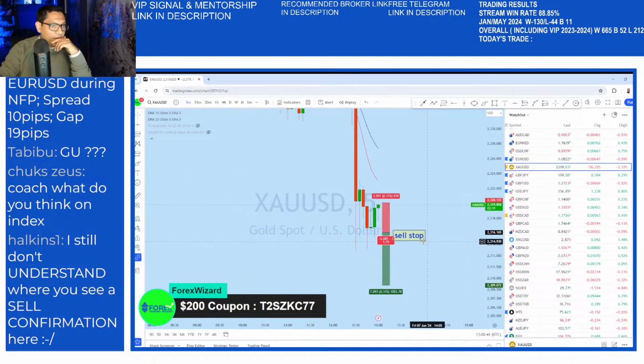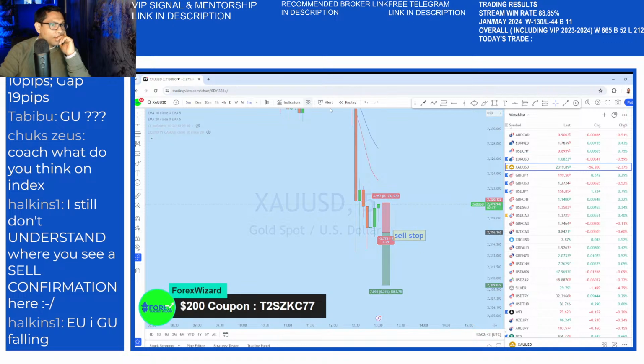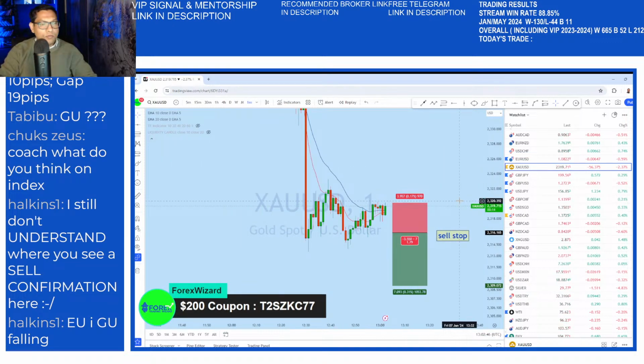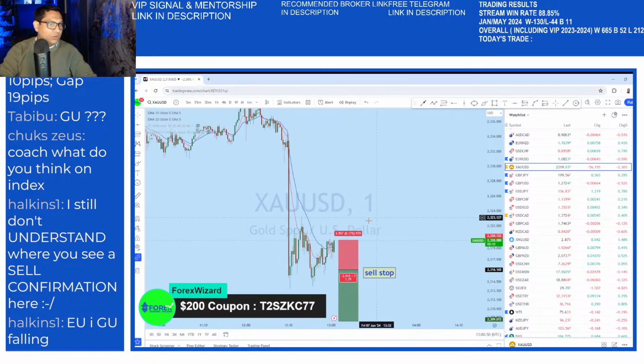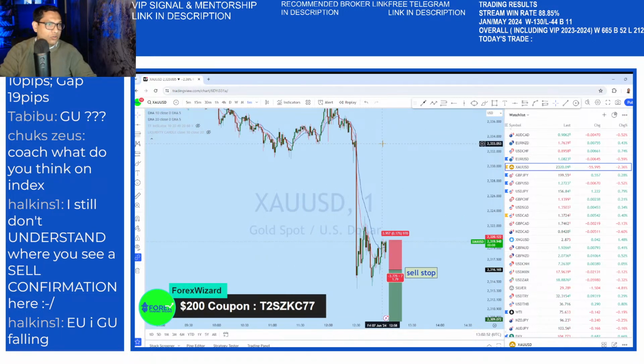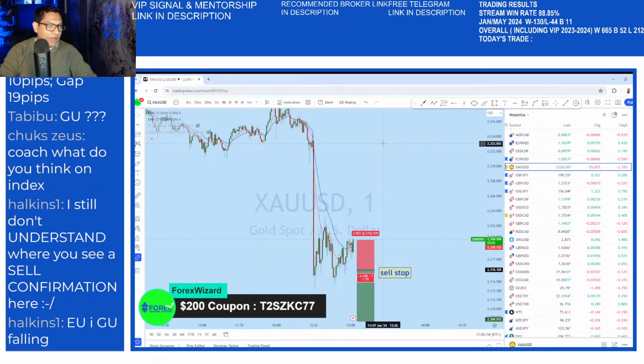Still not showing any bearish. Okay, we see that it's trying to bounce now. If it is bouncing, then it just keeps pushing high to the resistance line. Then we have to wait.